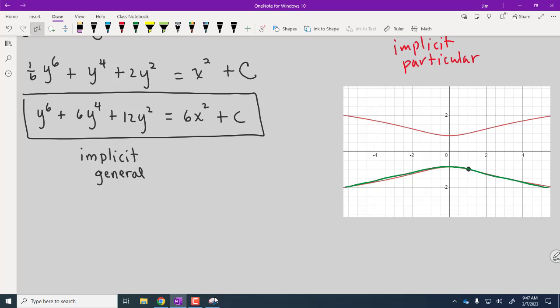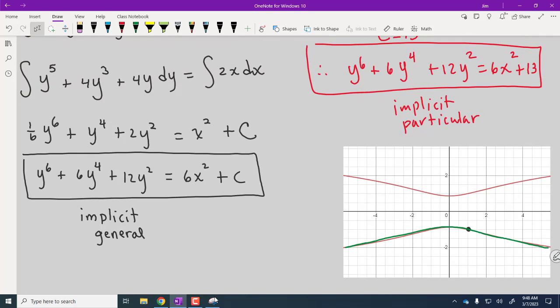It's a disconnected curve, but it's still considered one curve. That's the graph of this single relation. Each curve in this case looks like a pair, so there's going to be an infinite number of pairs of curves. This one particular curve is the solution for this initial value problem.